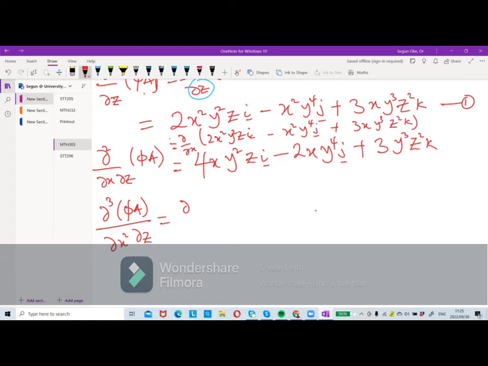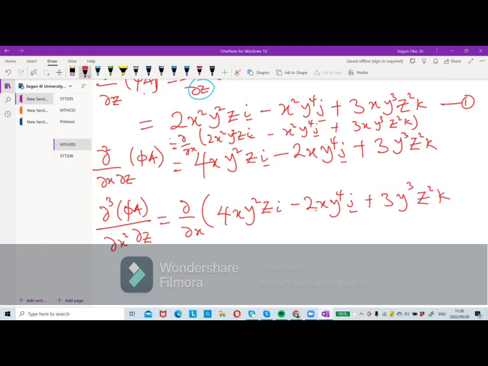So you know that is the one that we did. So this one will be d dz dx again of 4x y squared z i minus 2x y 4 j plus 3y cubed z squared k.